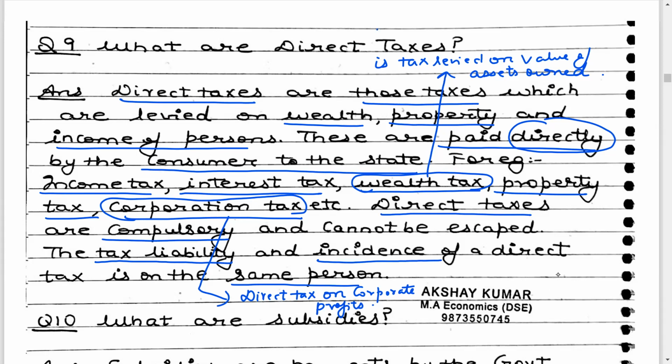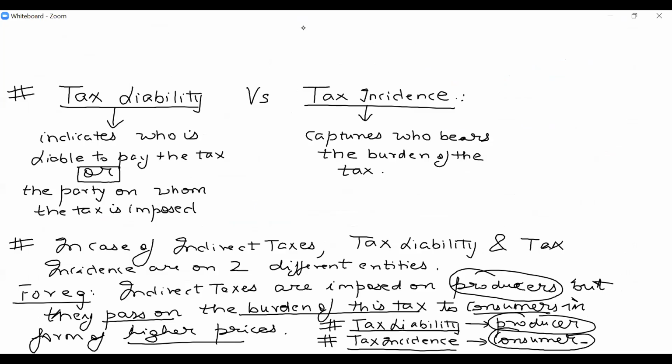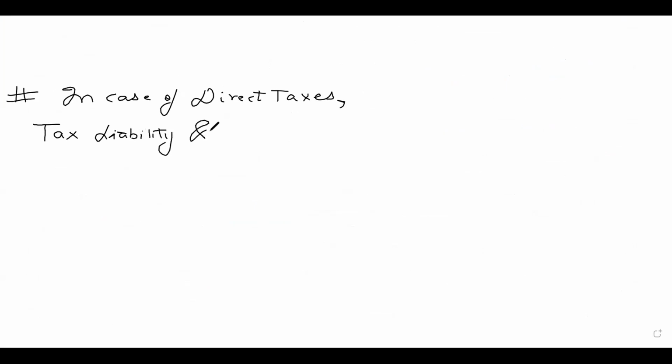Okay, so if I quickly come to the whiteboard and explain this to all students, in case of direct taxes, tax liability and tax incidence are on the same entity.